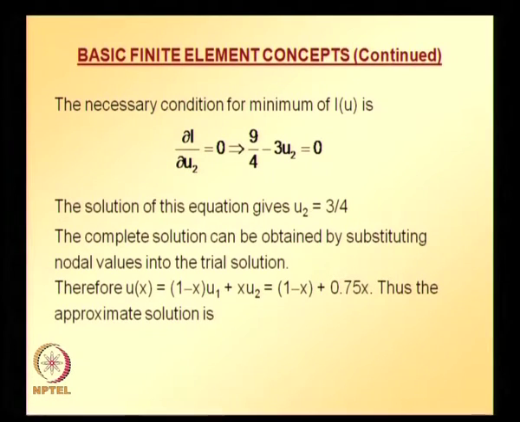Therefore, after substituting the u1 and u2 values into the trial solution that we started out with and simplifying, the approximate solution turns out to be u equal to 1 minus 0.25 x, and you can also take its derivative, which turns out to be minus 0.25.